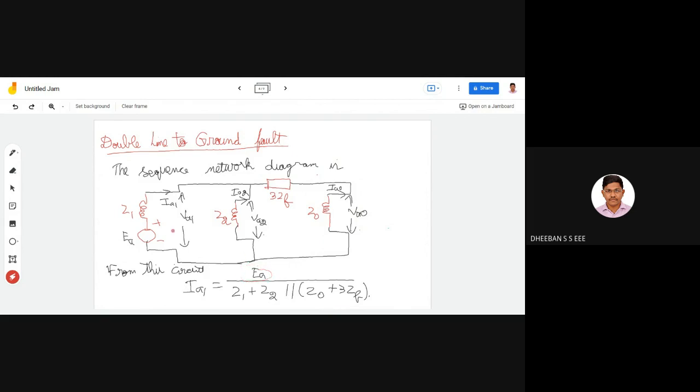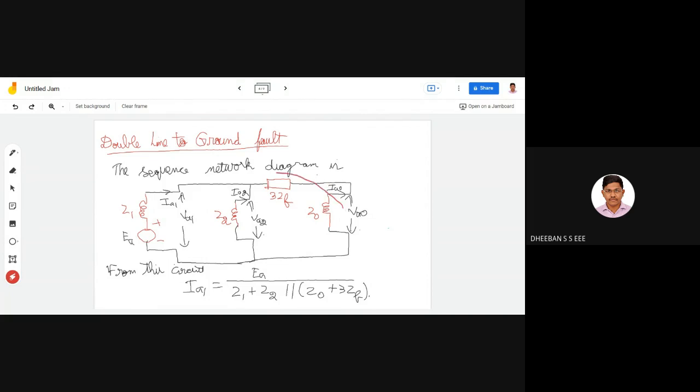This EA is the voltage rise, and the voltage drop, how you can consider it is by this Z1 plus Z2, which is this Z2, which is in parallel with your Z0 and then this 3ZF. Okay, so these two are in series. I hope you are able to understand. These two are in series, and this is in parallel.